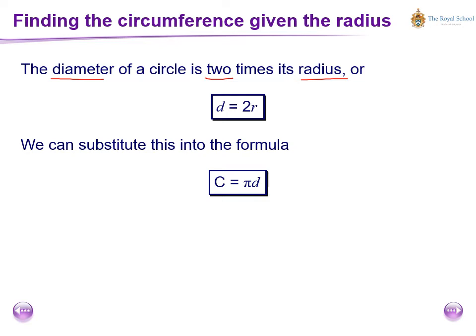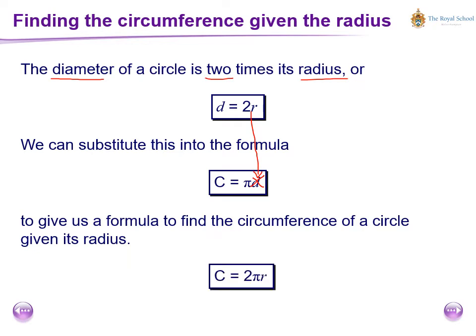We know circumference equals pi times d. But if the diameter is 2 times the radius, we could get rid of diameter and put 2r there instead. And that would give us a formula here. Circumference equals 2 pi r. It's not completely necessary to write that one out. I usually just use a straightforward formula and calculate what the diameter is. But if you really need to, you could write that formula out.